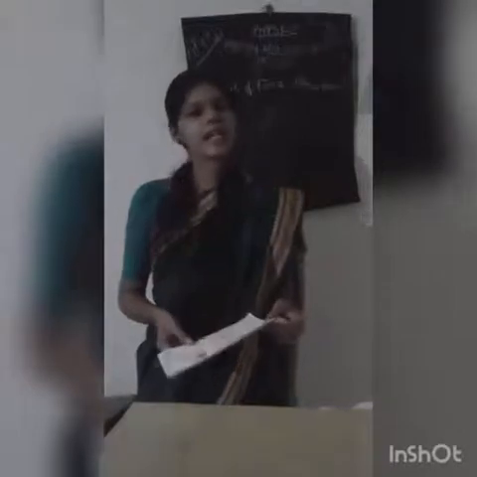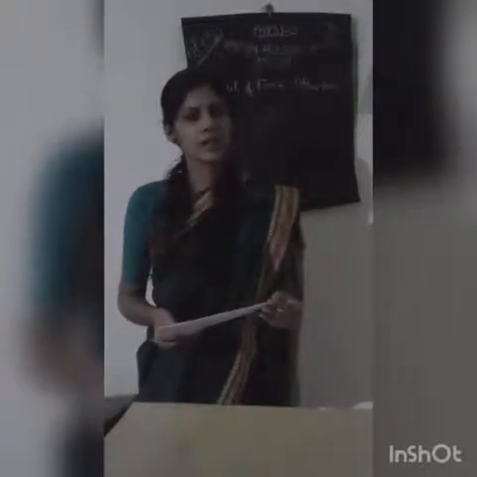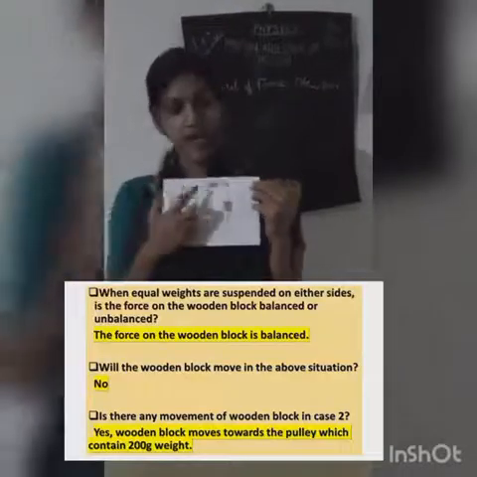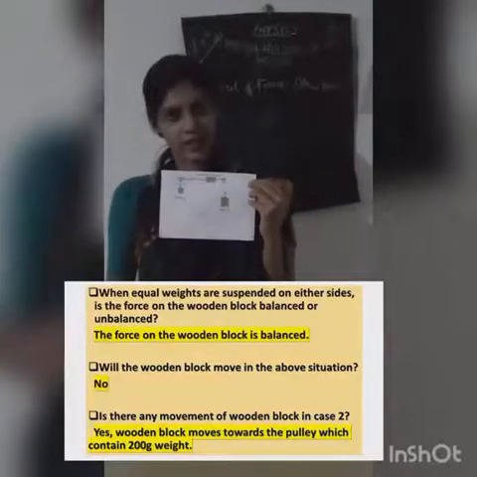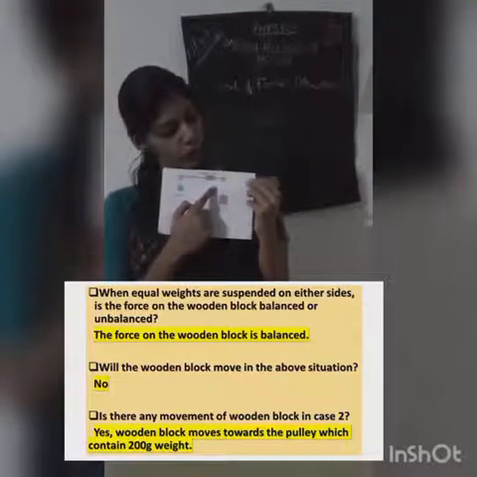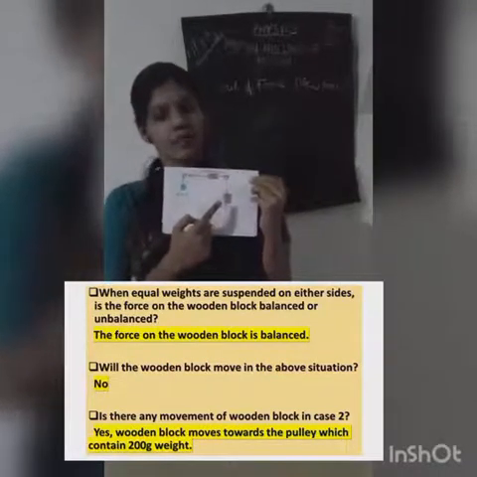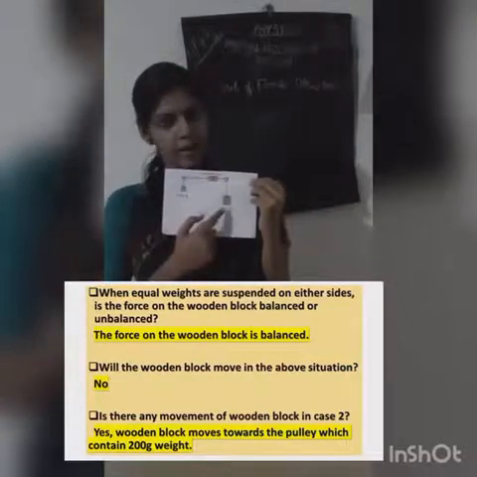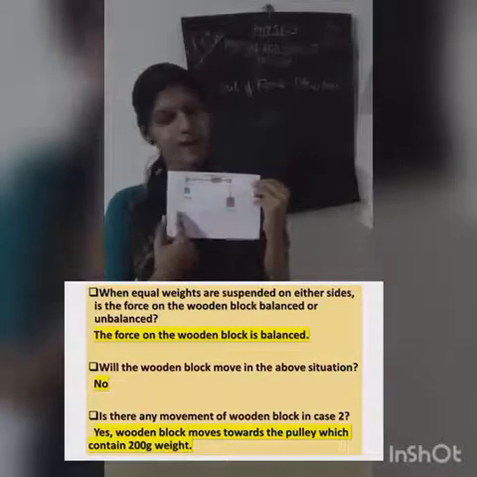Then, is there any movement in any case? Yes, case 2 shows movement of the wooden block. Here the wooden block is moved towards the weight which contains 200 gram of weight. 200 gram has more weight than 100 gram.